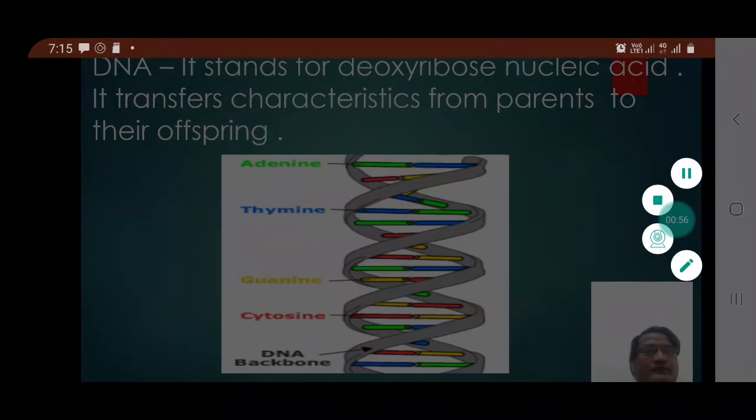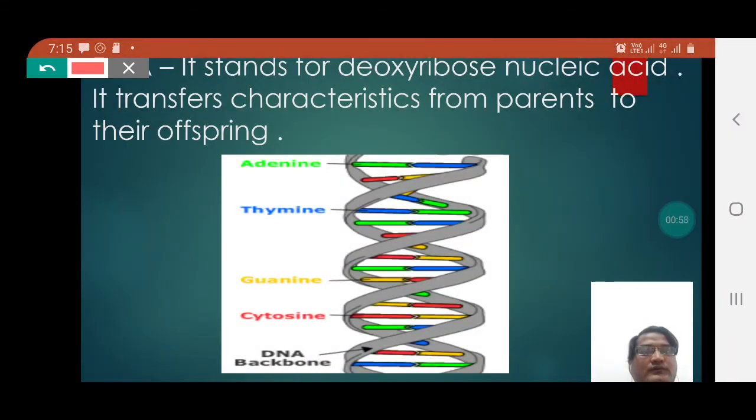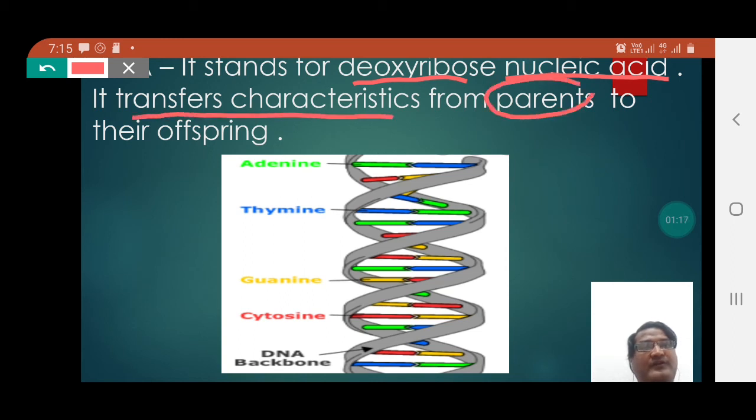So, students, the full form of DNA is deoxyribose nucleic acid, and the main function DNA does is in the transfer of characteristics from their parents to their offspring.